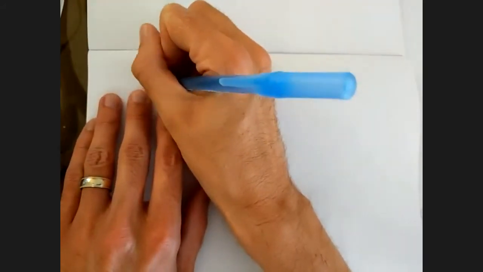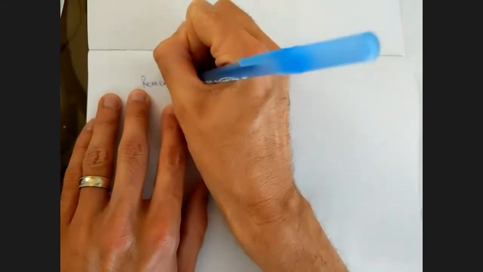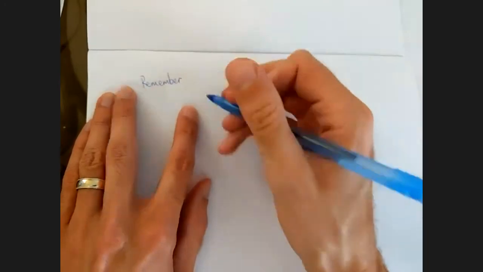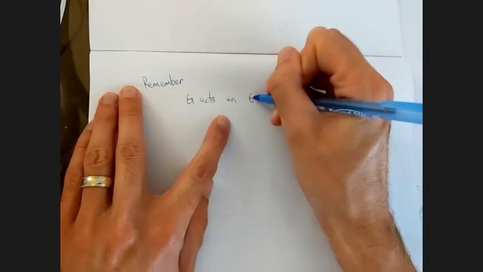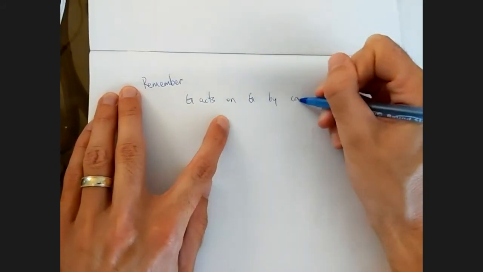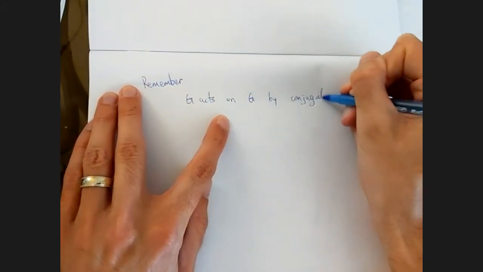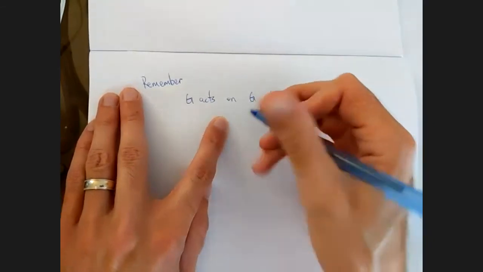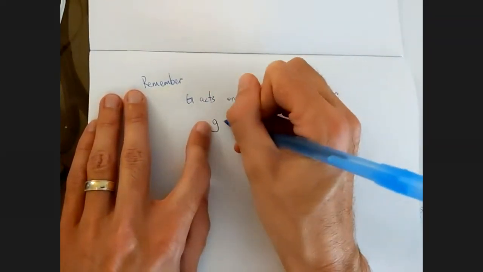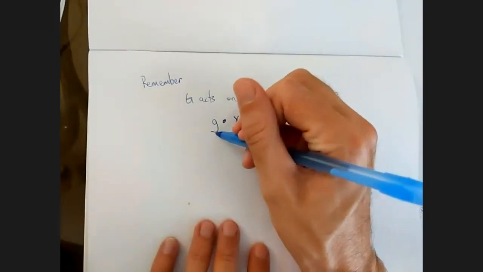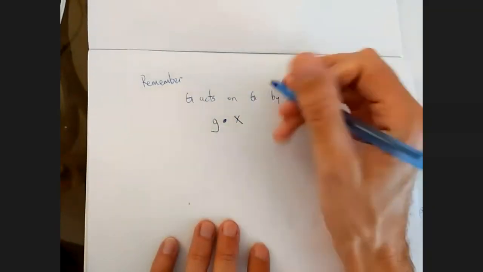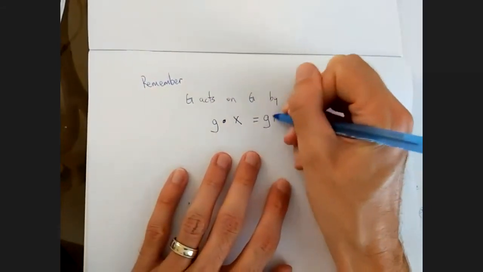Remember we had G acts on G by conjugation, which means that the group element G acts on X just by doing GXG inverse.